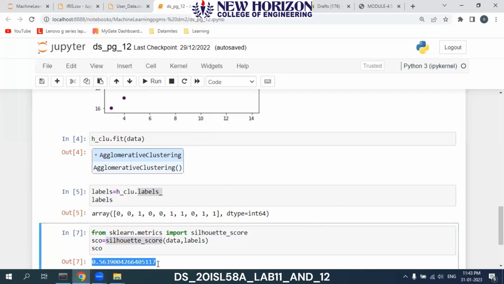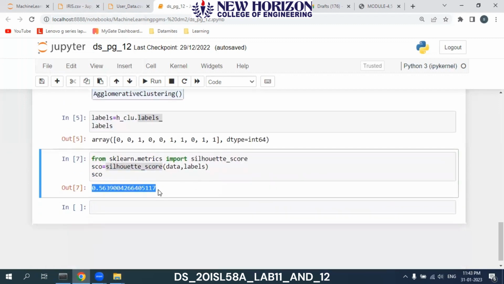Now here we got 0.56. The values near 0 indicate overlapping clusters. The negative values generally indicate that a sample has been assigned to the wrong cluster, if at all I am getting a negative value. Now we got the Silhouette score as 0.56. Usually the values can be negative as well as positive.